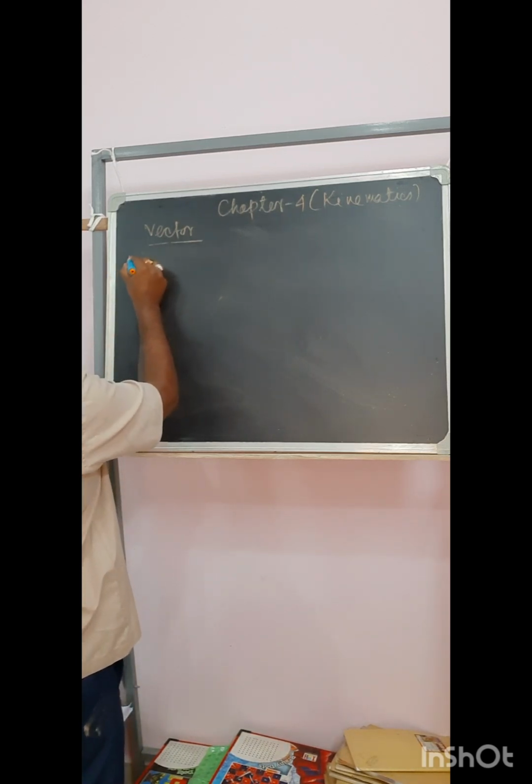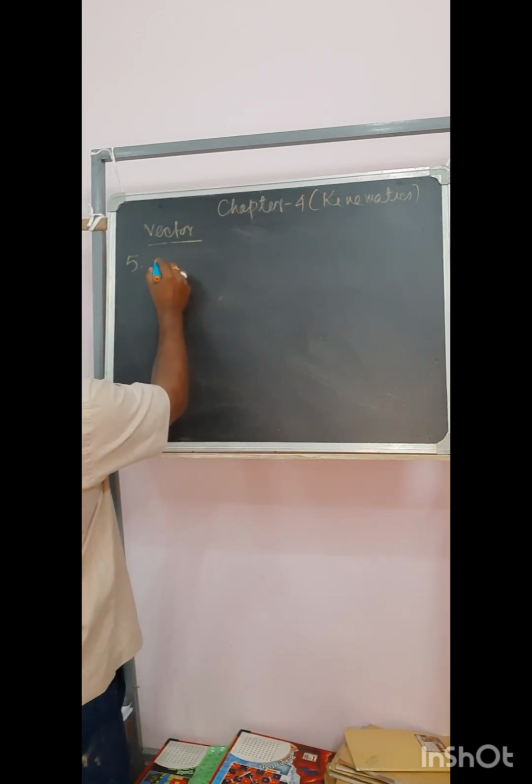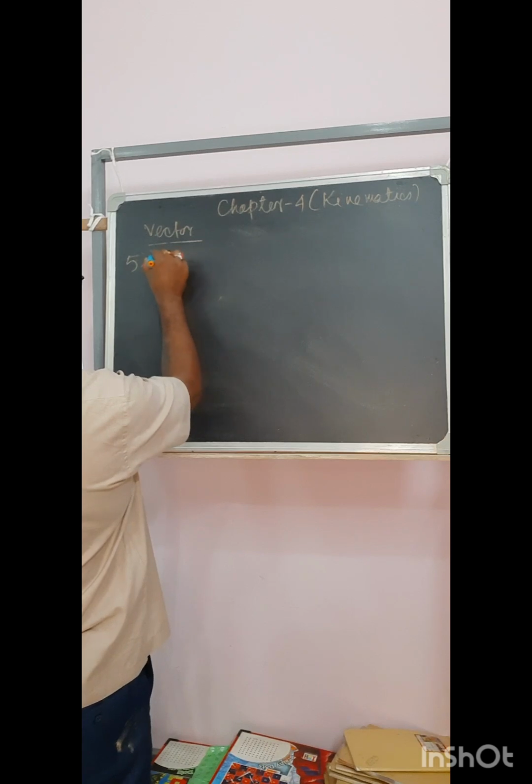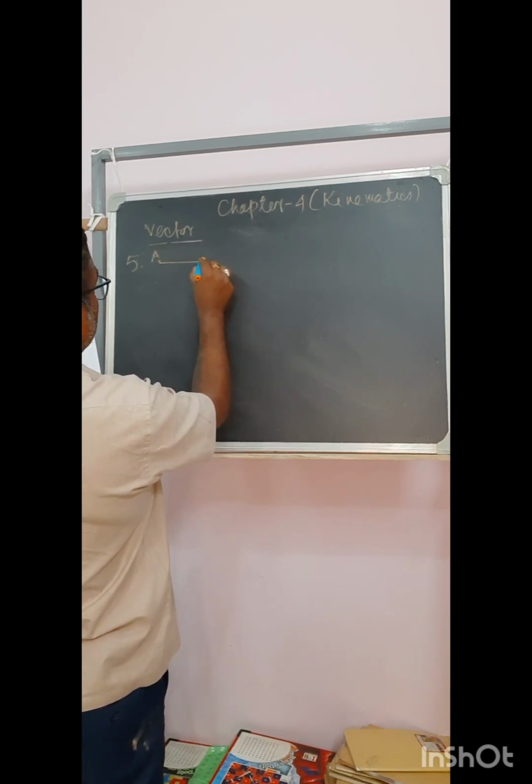Now there is a person who has started from point A, moving a distance of 4 meters east.